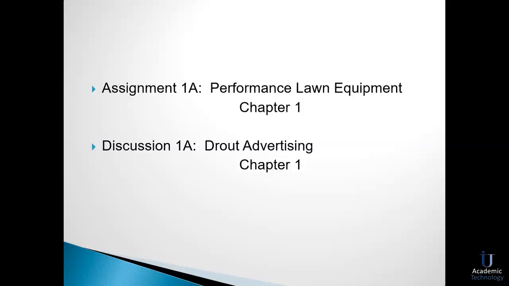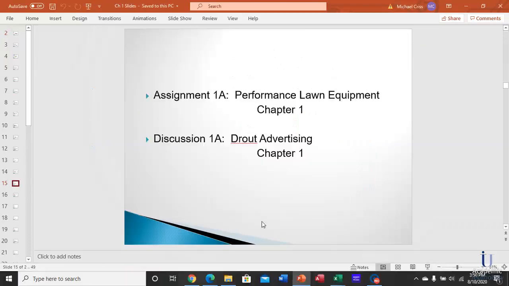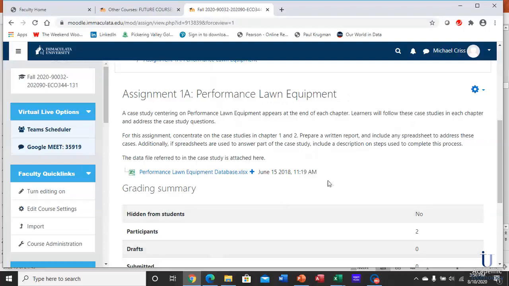So let's take a look at assignment 1A specifically here. At the end of chapter 1, it will give you an overview of the performance lawn equipment business and give you some explanation of the data that is in the file attached to the assignment.